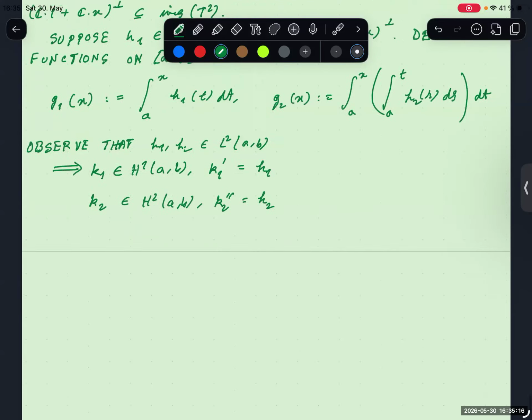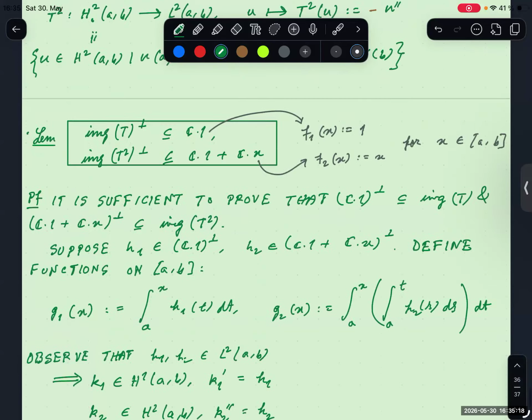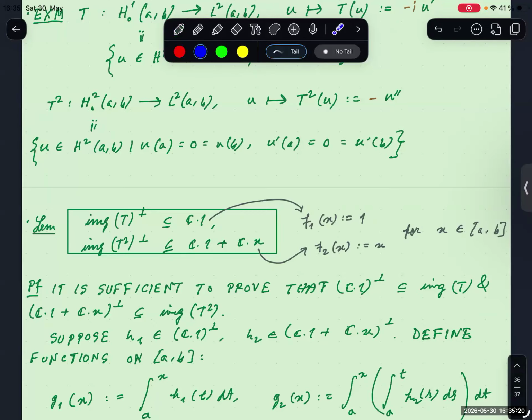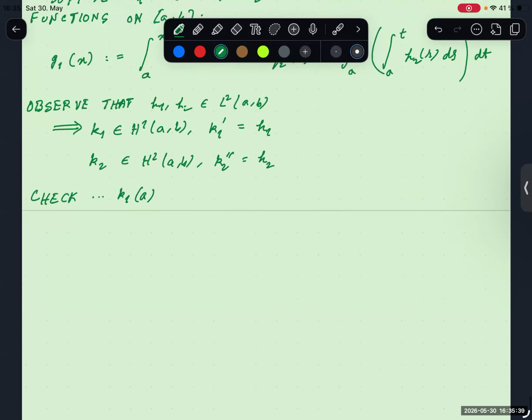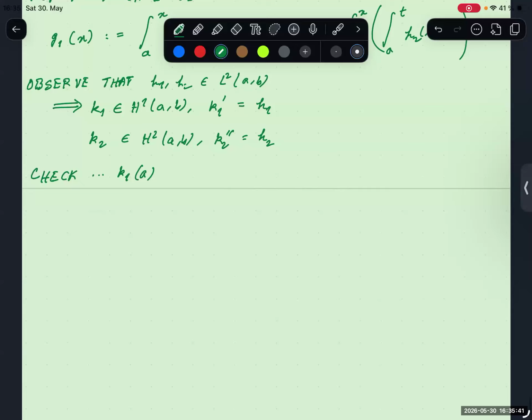Now remember we have the other two spaces, with conditions on the boundary. So we want to check these conditions. So you just put g1 of a, and then I think it's fairly obvious.